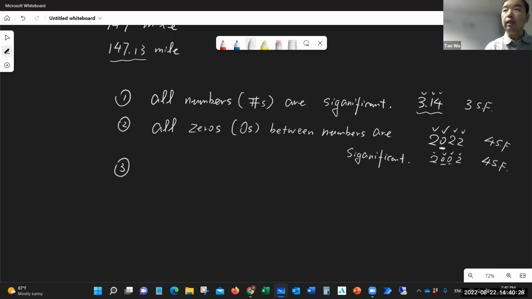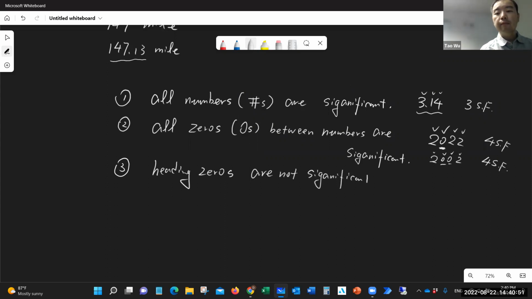Rule number 3 is talking about heading zeros. Some of you probably already heard this before, and just to emphasize that heading zeros are not significant. So in what situation do we have heading zeros?